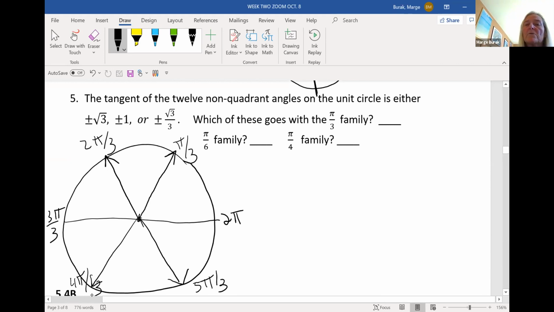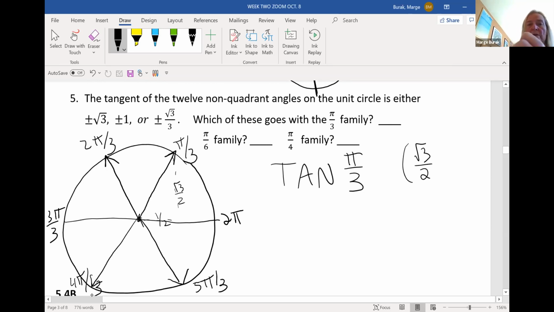Okay, so what is the tangent of pi over 3? That's y over x. So this is square root of 3 over 2. Nope, this is 1/2. Cosine is 1/2, and sine is radical 3 over 2.